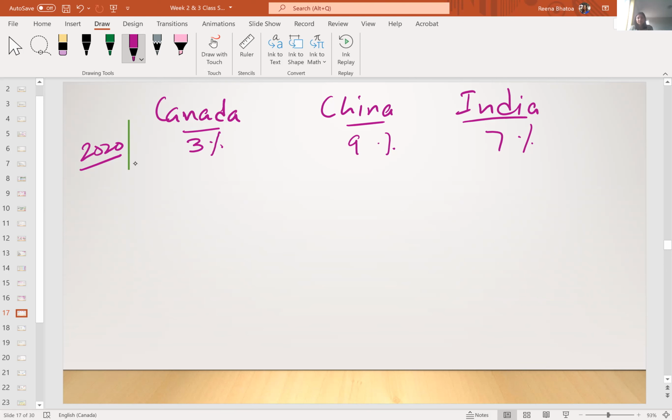What would you say? What could be the reason that Canada with lower GDP growth rate is doing better than these economies? What could be the reason? No idea?